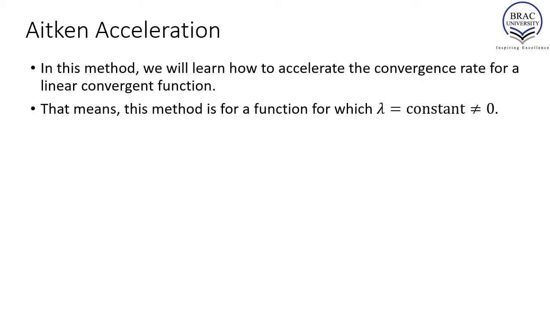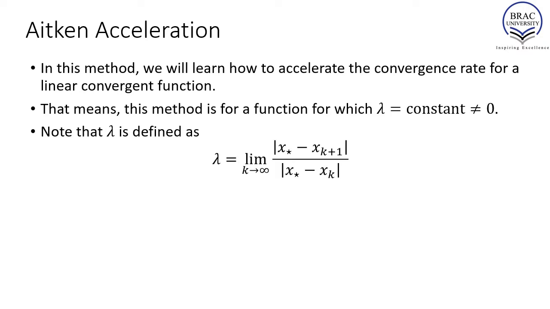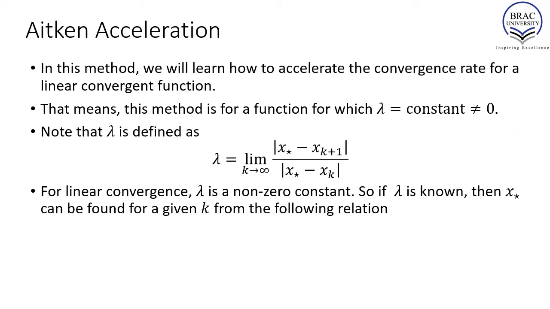That means this method is for a function for which lambda is a constant but non-zero constant. Note that lambda is defined as the ratio of the error terms in the limit k goes to infinity. Whenever lambda is constant but less than 1 and greater than 0, then we call it linear convergence.